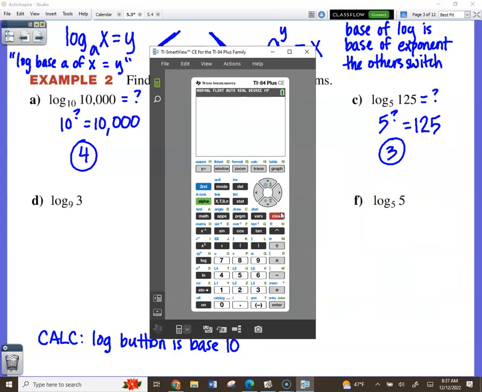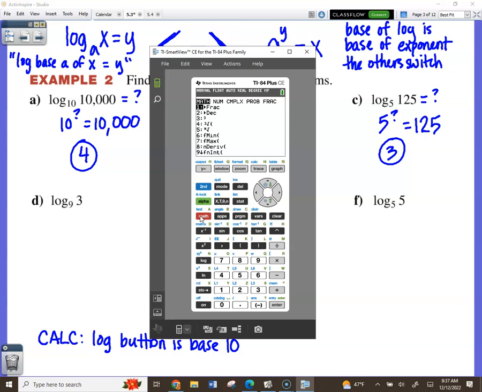Remember, the log button is only when it's base 10. Here's how you type a log that's not base 10 in the calculator. It is the math button. The very first column is just math functions in general. There's two ways to get to it.